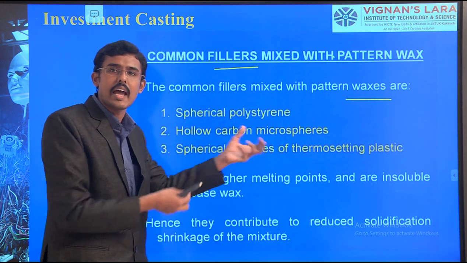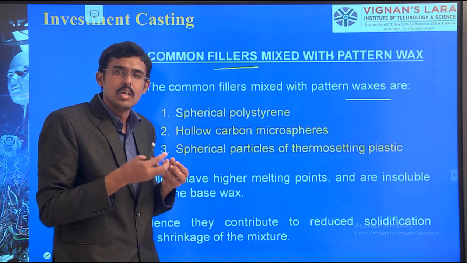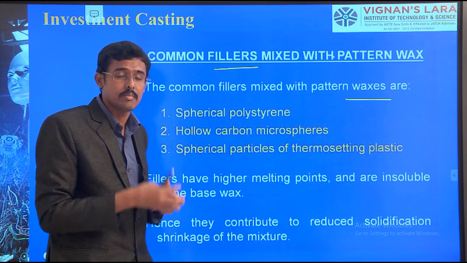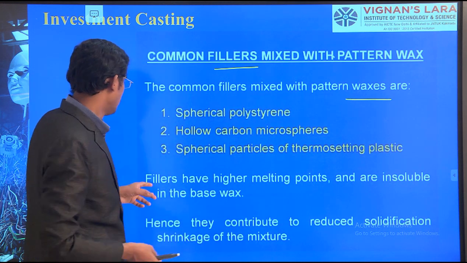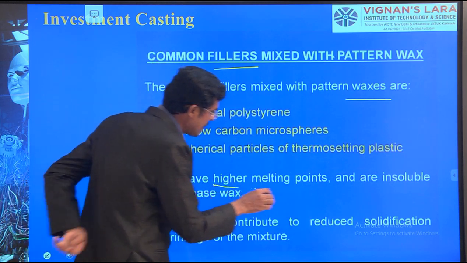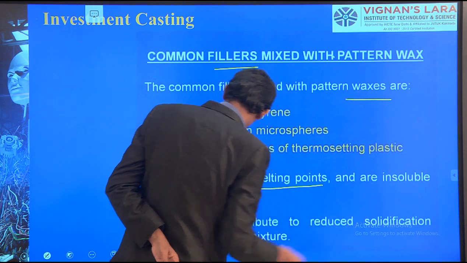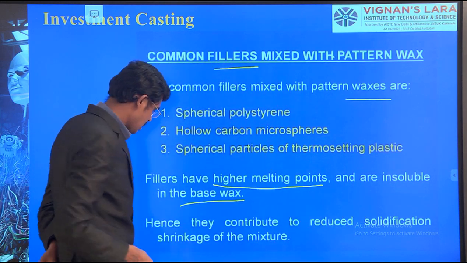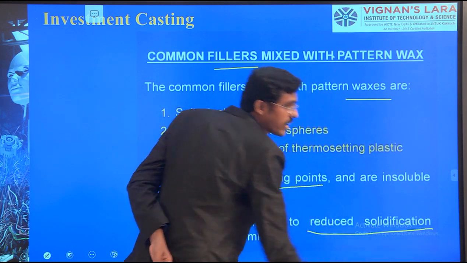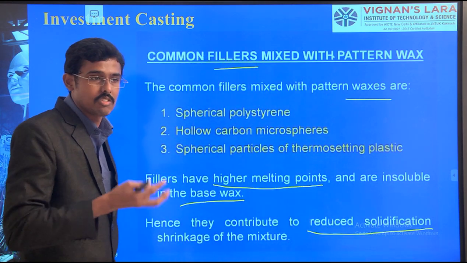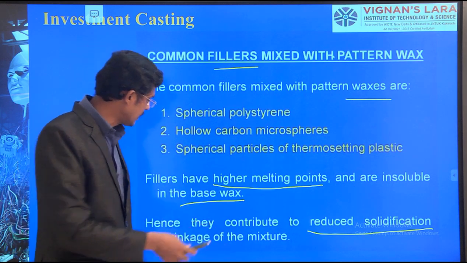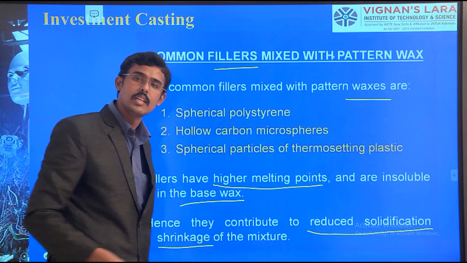They are added to increase the melting point, so the pattern can withstand some of the molding conditions. The fillers have a higher melting point and are insoluble in the base wax. Hence, it contributes to reduced solidification shrinkage. Therefore, we can use it easily, and shrinkage and other defects can be avoided.